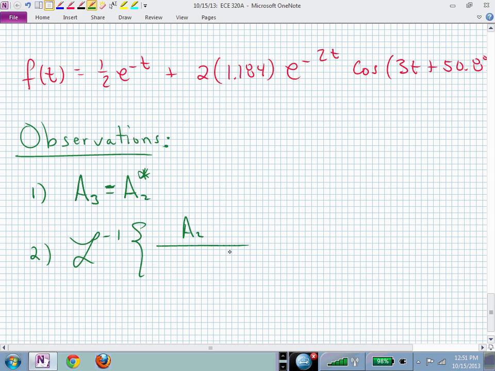Here's a sub 2, and in general, that's s plus alpha minus j beta. And where is that pole located? In what quadrant? First, second, third, or fourth? So let's say alpha and beta are both positive.